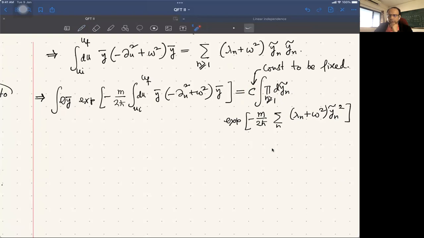We should choose this by demanding consistency with the result directly obtained from the Schrodinger theory, as I mentioned before.